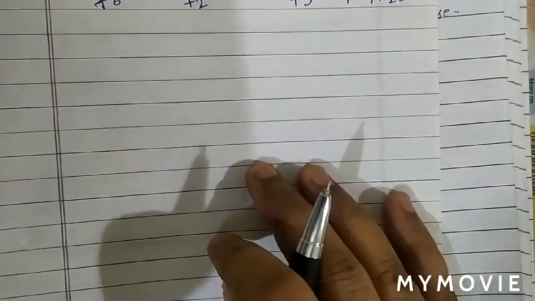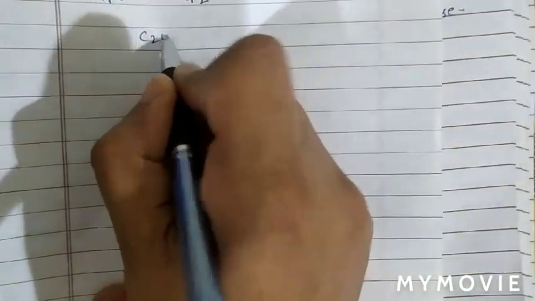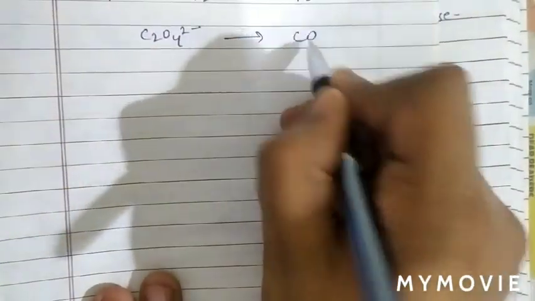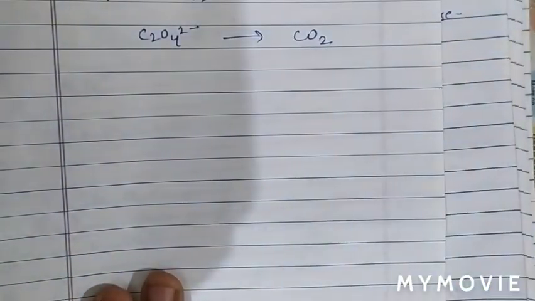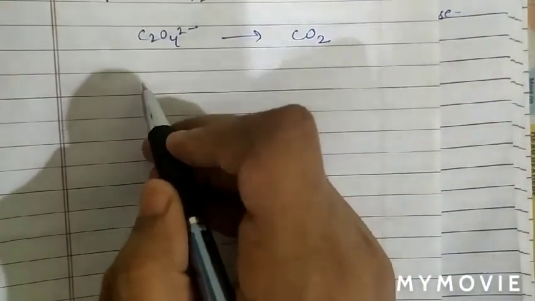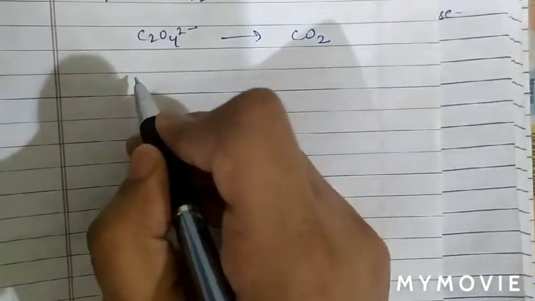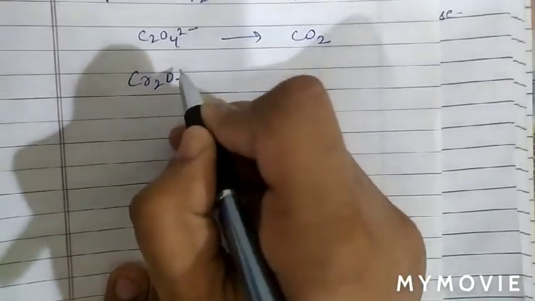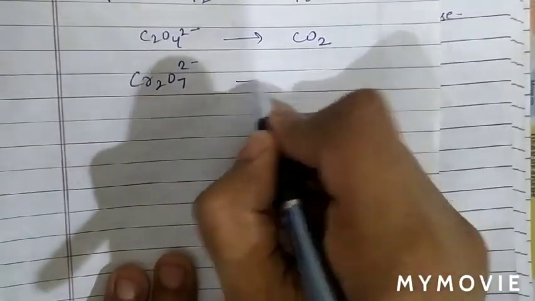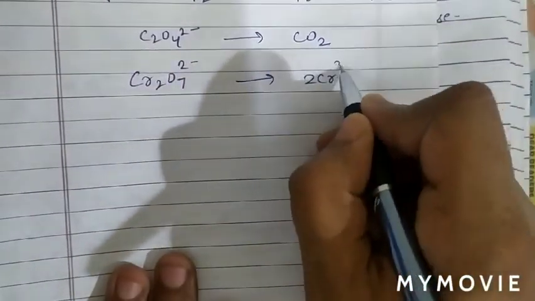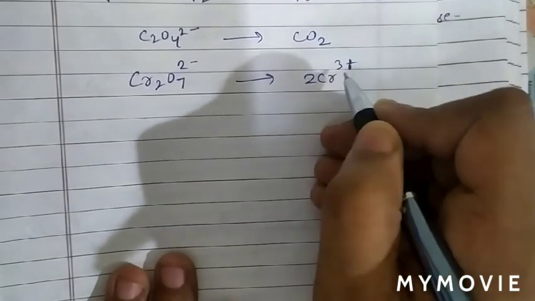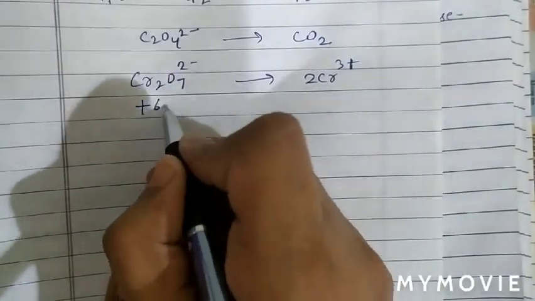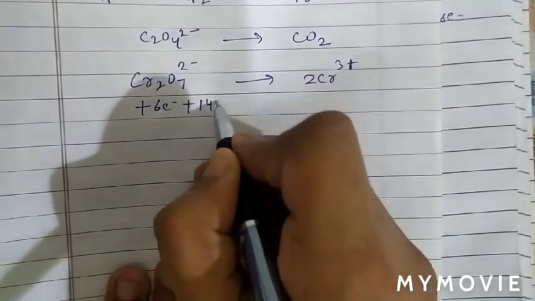So the half reaction for K2Cr2O7 is Cr2O7 2 negative plus 6 electrons plus 14H plus changes into 2Cr3 plus plus 7H2O. So this reaction will remain the same. Now again, for oxalate ion, C2O4 2 negative changes into CO2. First balance the other atoms. How many carbon atoms are there? 2 carbon atoms, and there is 1.